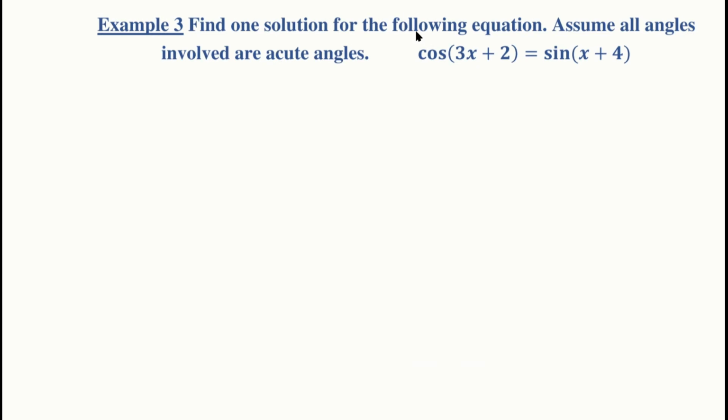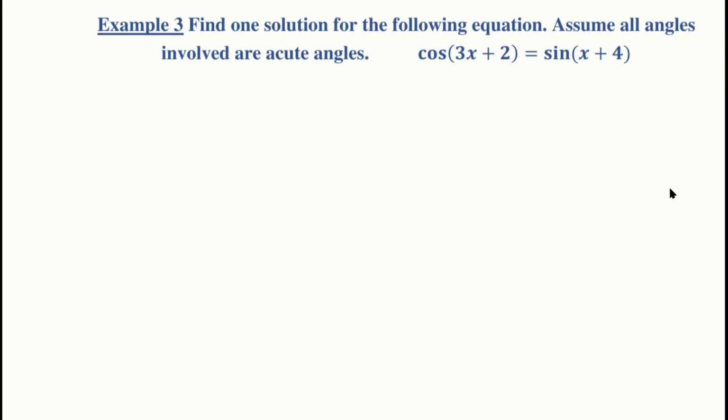So here we're going to test our understanding of cofunctions by trying to find the value of x that will make this true, right? Assume that all angles involved are acute angles.